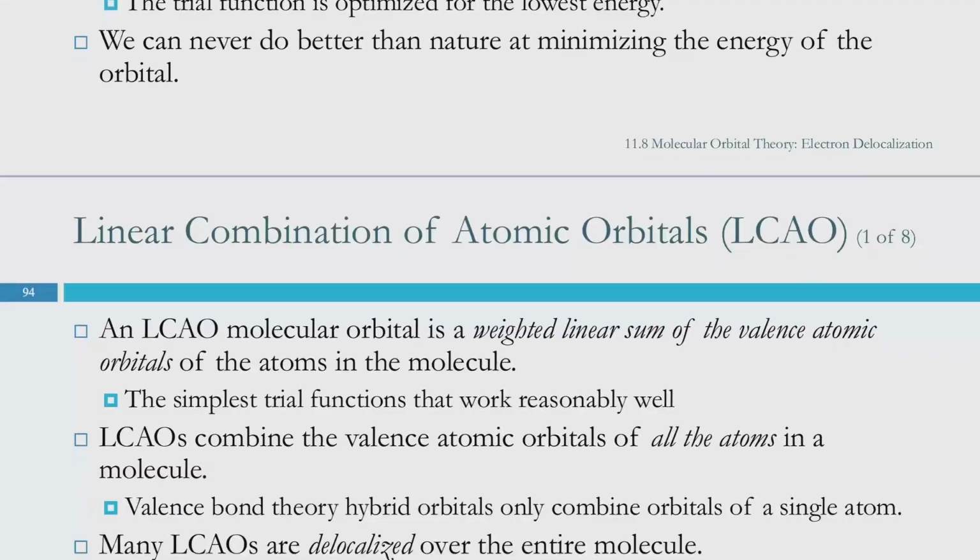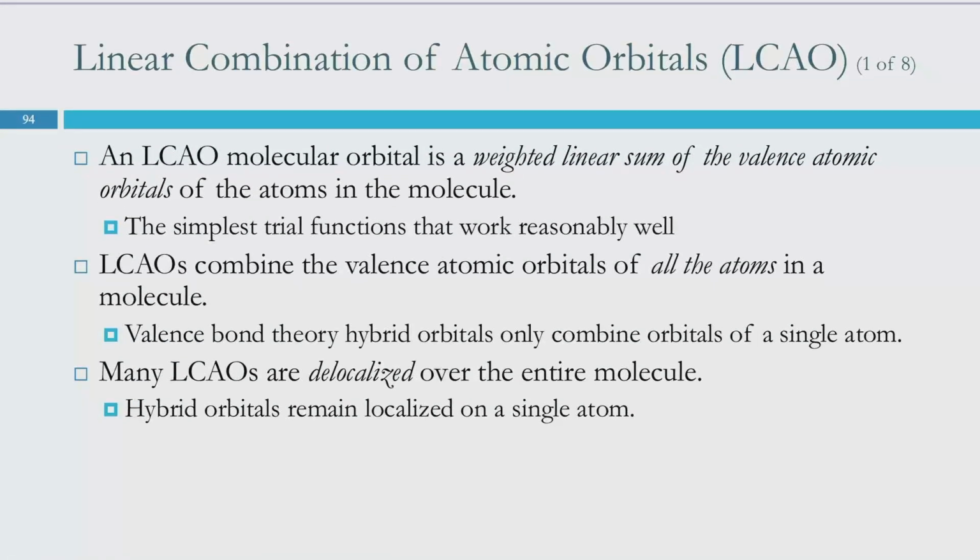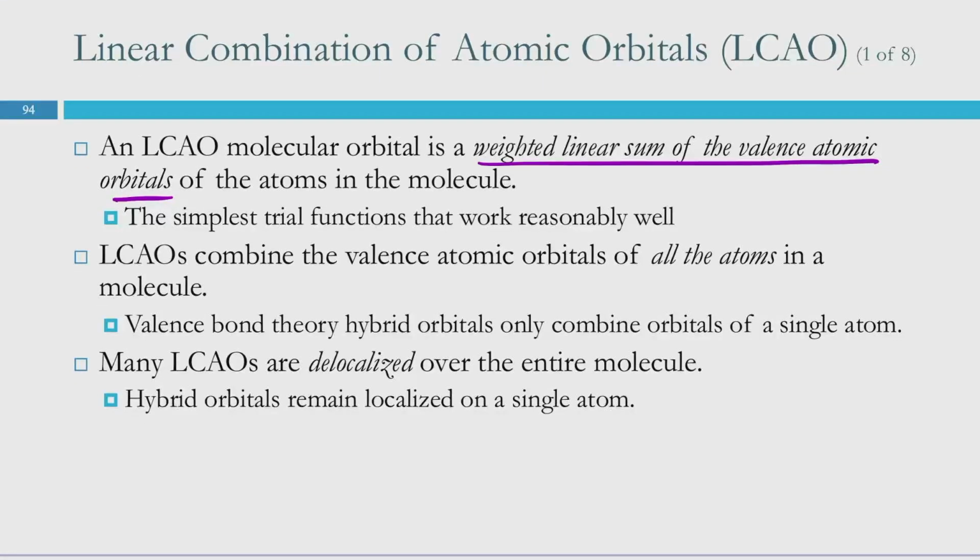Our approximation, our simple trial function for molecular orbital theory, is LCAOs, linear combination of atomic orbitals. It's a weighted sum of the valence atomic orbitals. It works pretty well. It's not that complicated compared to other methodologies. So we're going to combine the valence atomic orbitals of all the atoms together.